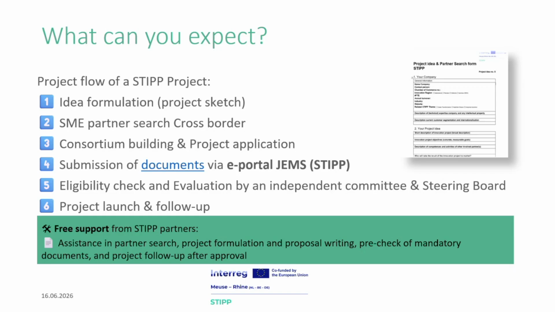This is important because with this we can help you start looking for a cross-border collaboration. How does this work? Get in touch with the RDA. We will send you the form. You fill it in, send it back to us, and we will go into our networks to see if we have companies that are matching with your expertise question.